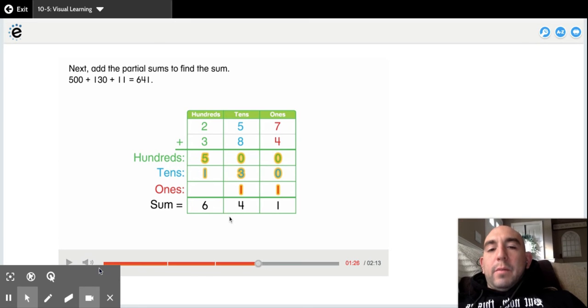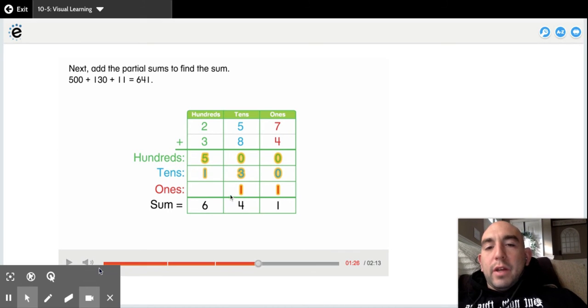Okay, let me show you how you get that answer. Once you have this part of the chart filled out, cross out the top, right? We don't need 257 plus 384 anymore. We're only working with these partial sums. 0 plus 1 is 1. So put your answer underneath. 0 plus 3 plus 1. 3 plus 1 is 4.